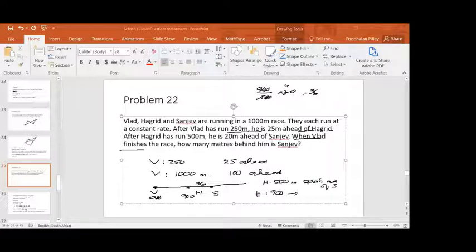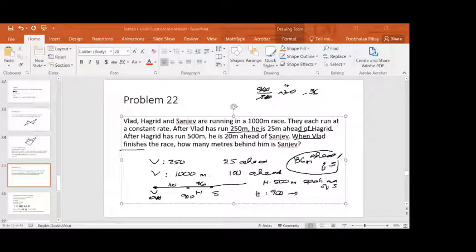The question is, how many meters behind him is Sanjeev? So B is 100 ahead of Hagrid, who is 36 meters ahead of Sanjeev. So B will be 136 meters ahead of S. That's the answer.